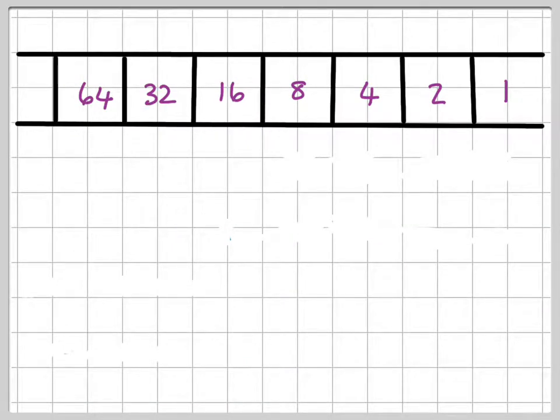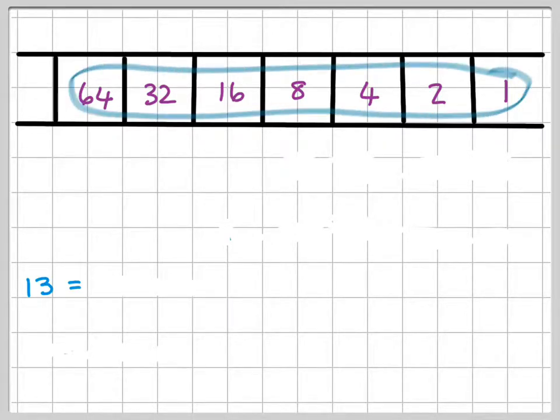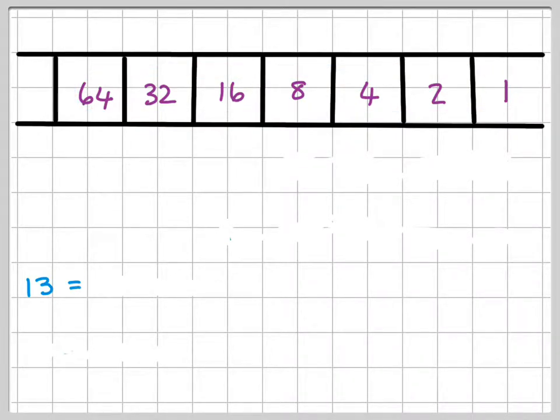Now we're going to look at converting from decimal to binary. So let us try one. Let's try 13. So what we have to do, we have to say, using these numbers up here, which ones can we combine to get to 13? Well, we can say 8 plus 4, that gets to 12, plus 1, that gets to 13.